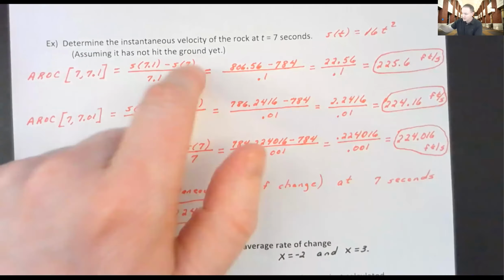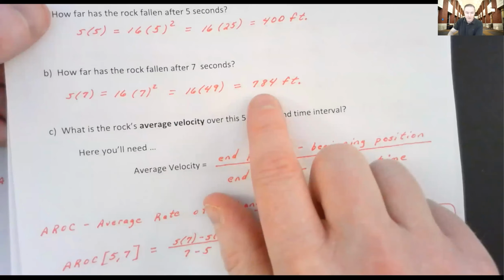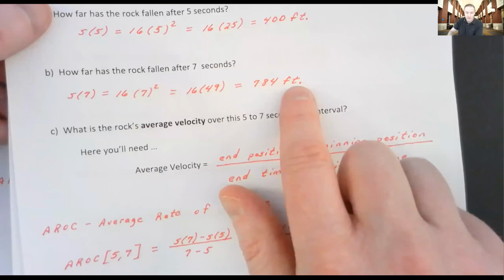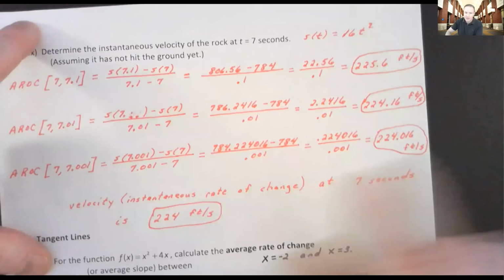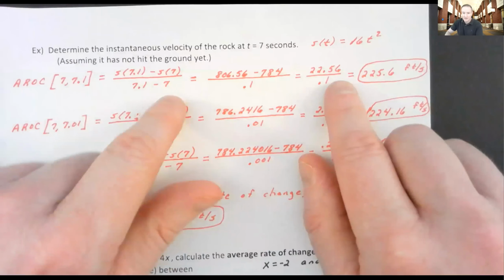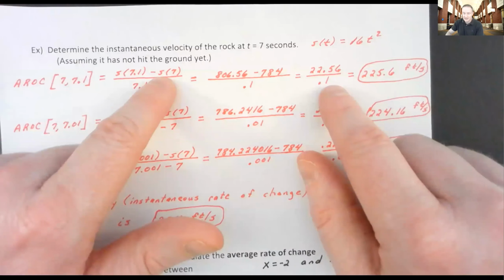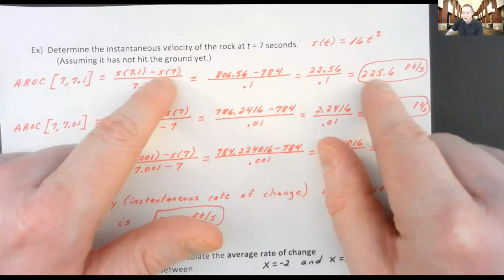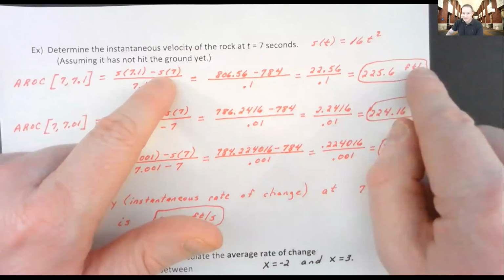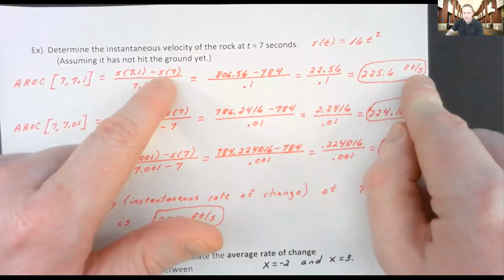Please remember that was back here on the first page where we did 16 times 7 squared. We had, well, the position at 7 was 784 feet. So we can see over this 1/10 of a second, that rock has traveled 22.56 feet in a 1/10 of a second time span, which gives us 225.6 feet per second average velocity.